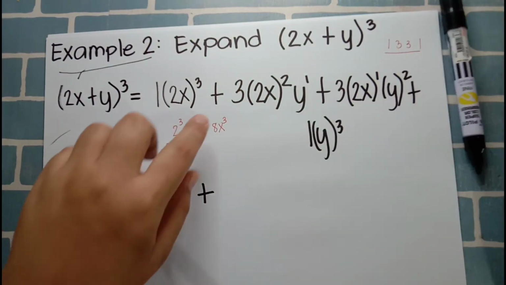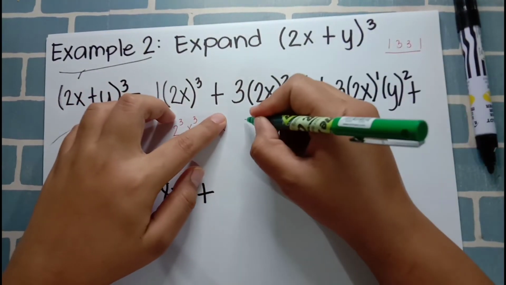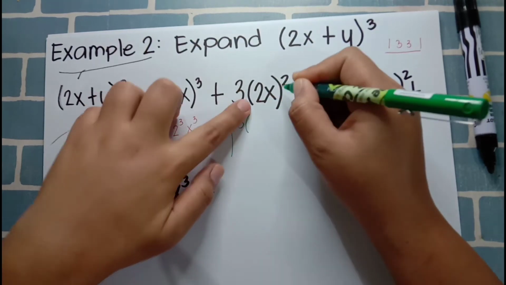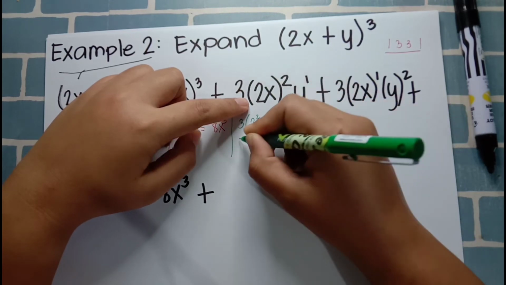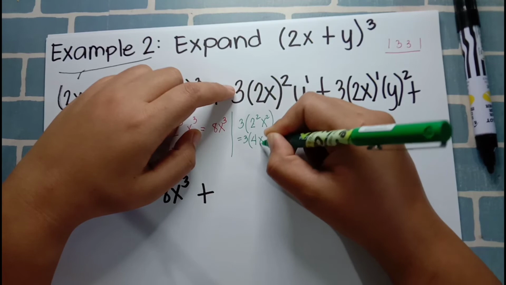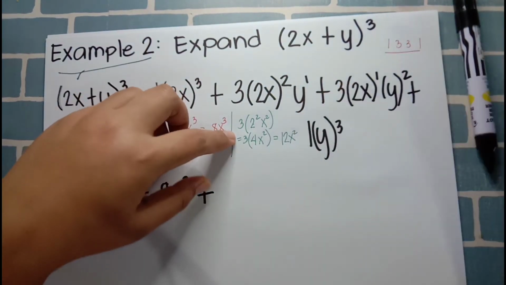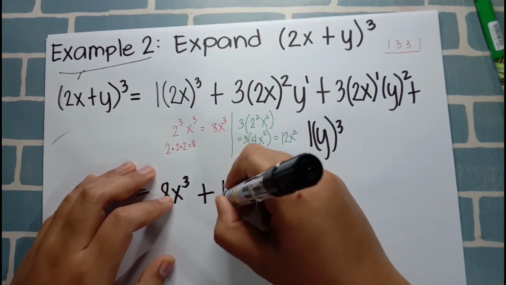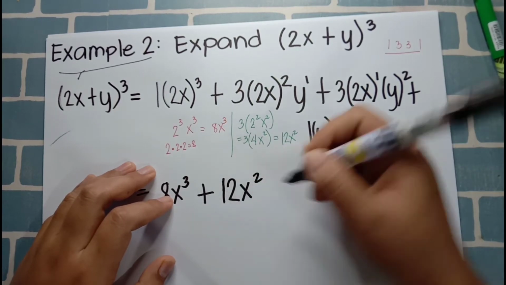Plus 3 times 2 squared x squared, and 2 squared is 2 times 2 equals 4. So 3 times 4x squared is 12x squared. We write as the second term 12x squared and y.